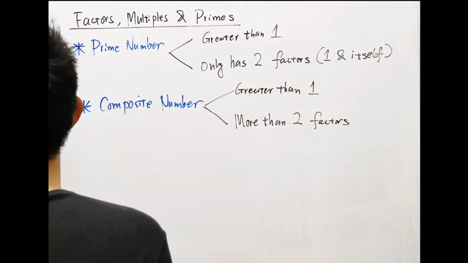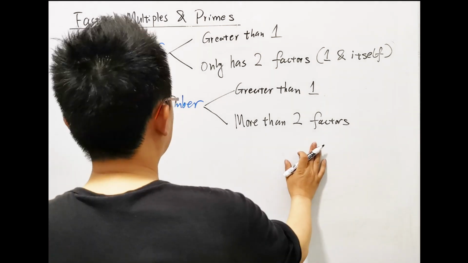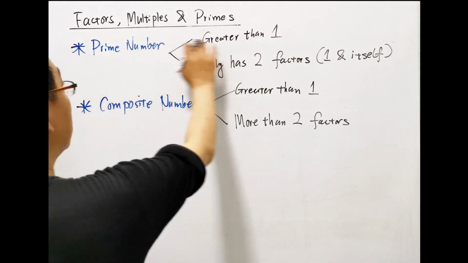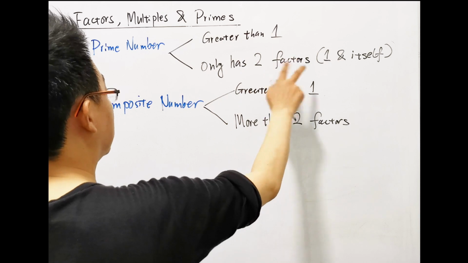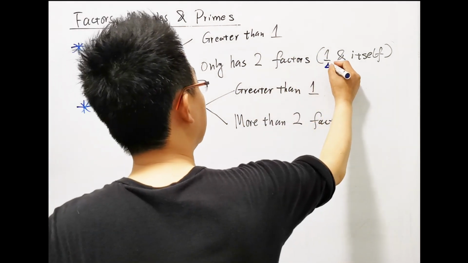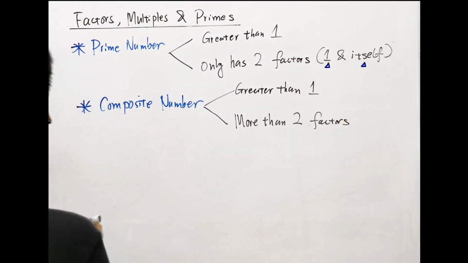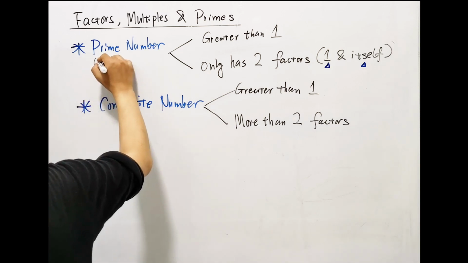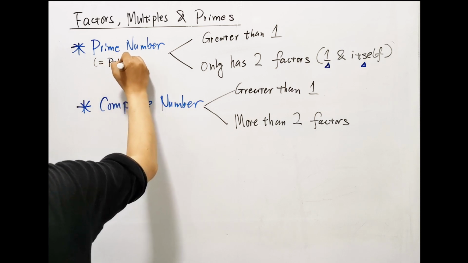Just now we already saw it has more than 2 factors. A prime number is greater than 1, but it only has 2 factors, 1 and itself. Also, sometimes we call prime numbers primes.